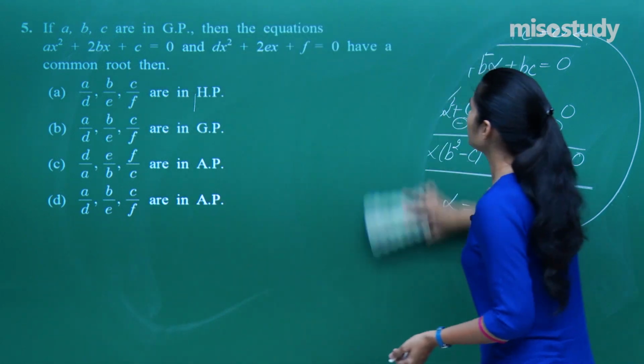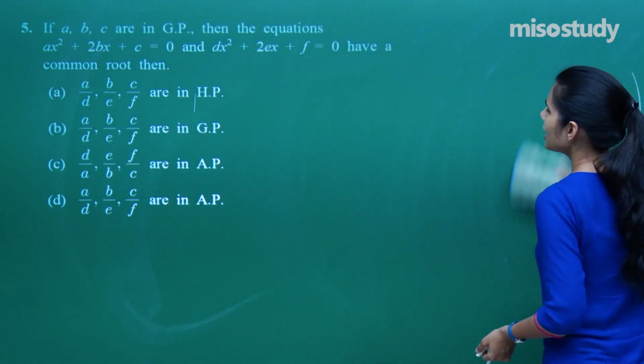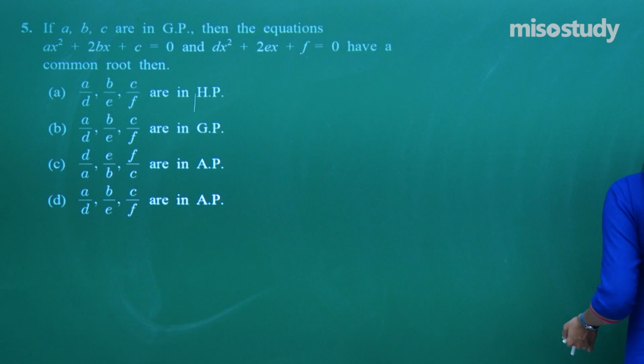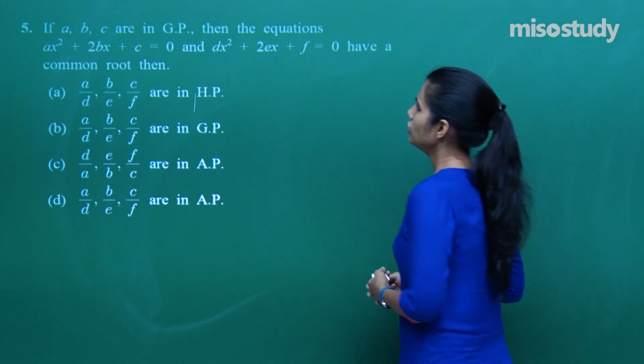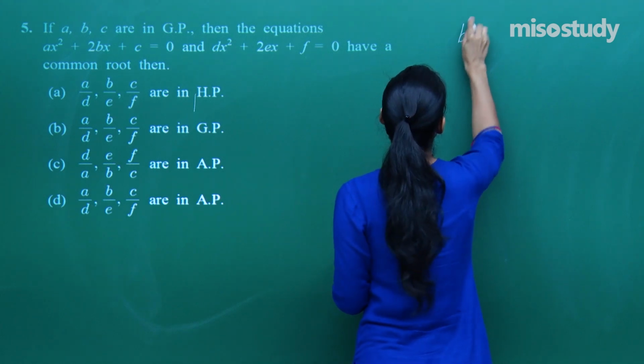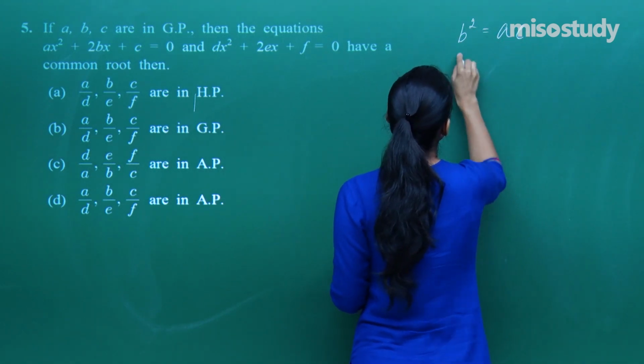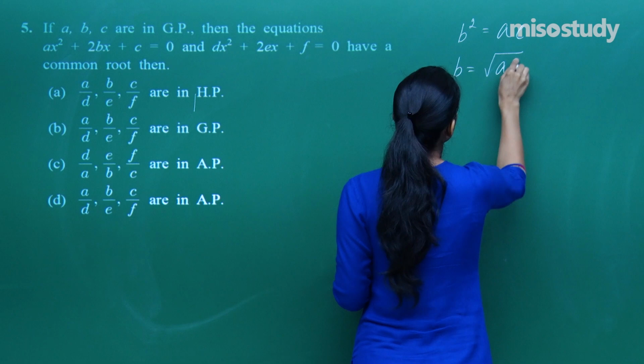A, B, C are in GP, then the equations this and this have a common root. Then what happens? Okay, so A, B, C are in GP, so you have B square equals AC, or B is root AC.